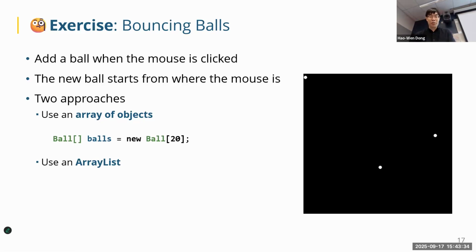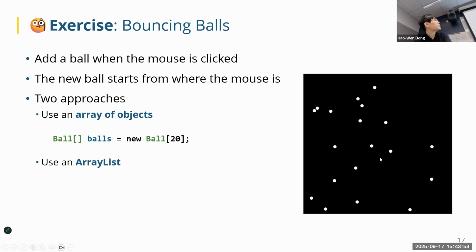We kind of skipped all the exercises on Monday, so now it's time to get familiar with the class. Somehow it will stop whenever I click somewhere else. Anyway, you get the idea.